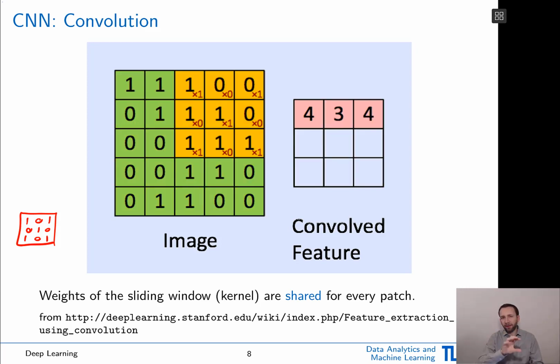We evaluate this kernel at every position until at the output we have, in this case, a 3x3 output, which are these convolved features. The important part here is that we exploit the locality of these pixel values, because we are aggregating these local patches in the image.